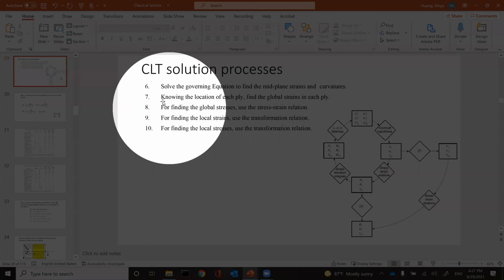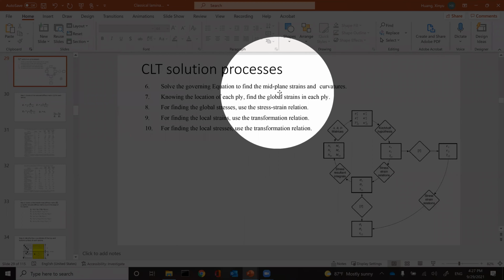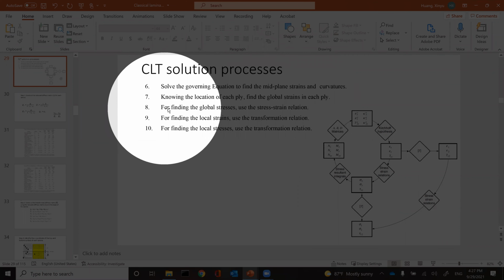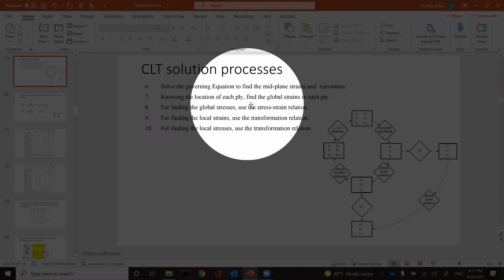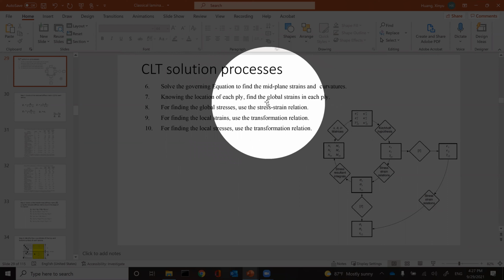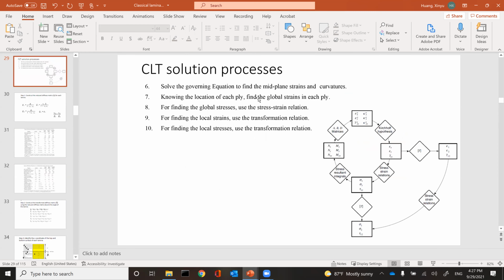So knowing the location of each ply, find the global strain in each ply. To find the global stress, use the stress-strain relationship. The global stress and global strain are related by the Q bar matrix. You already have them. If you figure out the strain in that layer, you can directly multiply strain by the Q bar, and you get the stress in the global coordinates. That means XY coordinates. Okay.